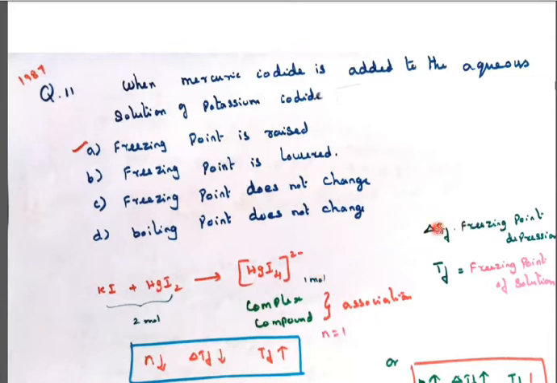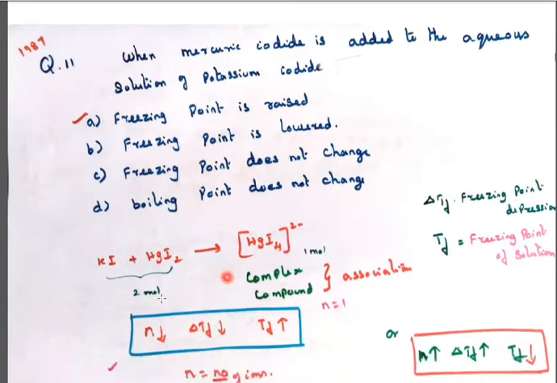So delta Tf is the freezing point depression and Tf is the freezing point of solution. We know the relationship. If the number of moles decreases, freezing point depression decreases, but freezing point of solution increases.